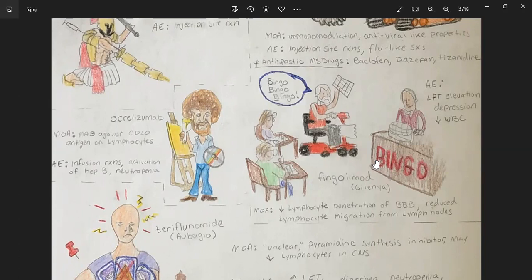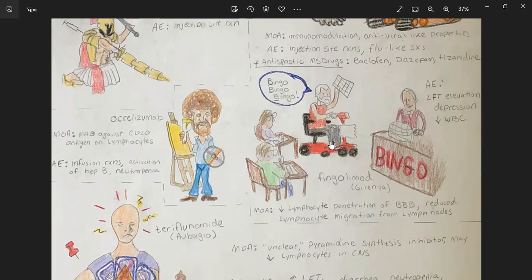So, bingo is for fingolimod. And he has a limp because I think limp and lymph sound really similar. So, decreased lymphocyte penetration of the blood-brain barrier, BBB, bingo, bingo, bingo. And then reduced lymphocyte migration from lymph nodes.